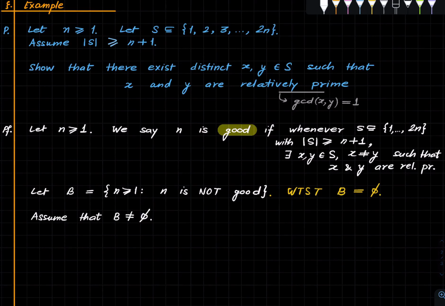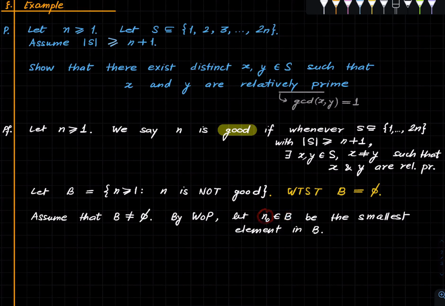So if B is not empty, then by the well-ordering principle, there is the smallest element in B. So there is the smallest bad natural number. So by the well-ordering principle, since this is a non-empty set, it has a smallest element which we are calling n naught. Okay.